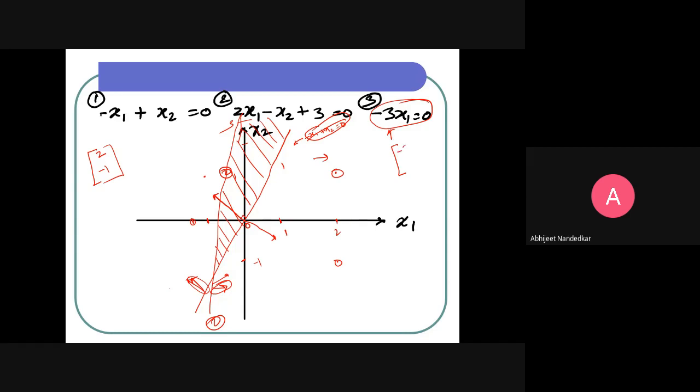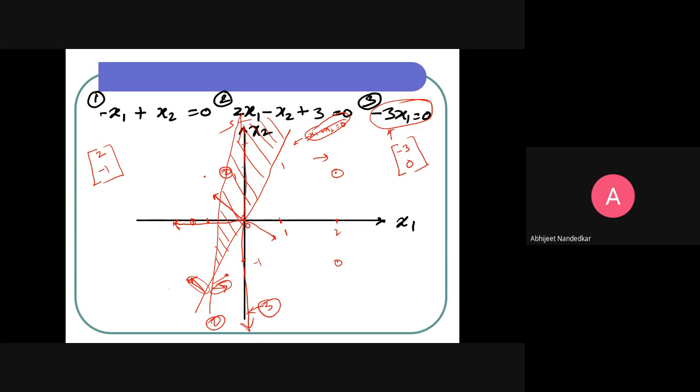This is minus 3, 0. So where is this? Minus 3 and 0. This is the direction where this particular neuron will fire, and perpendicular to that is this particular line. So this is neuron number 3.